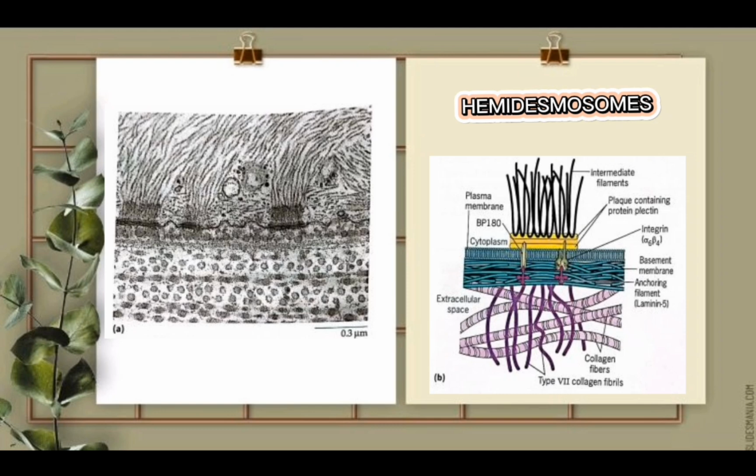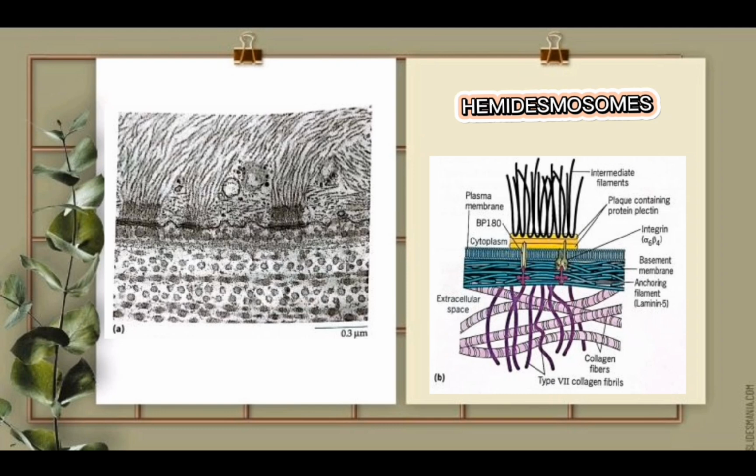As you can see, we have picture A and picture B. Picture A is an electron micrograph of several hemidesmosomes, showing the dense plaque on the inner surface of the plasma membrane and the intermediate filaments projecting into the cytoplasm, while picture B is a schematic diagram showing the major components of a hemidesmosome connecting the epidermis to the underlying dermis.